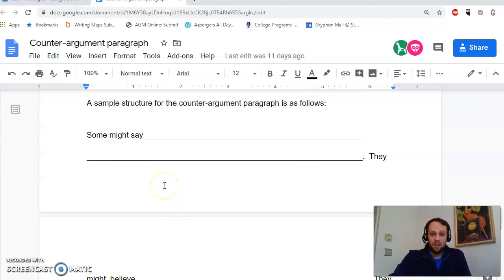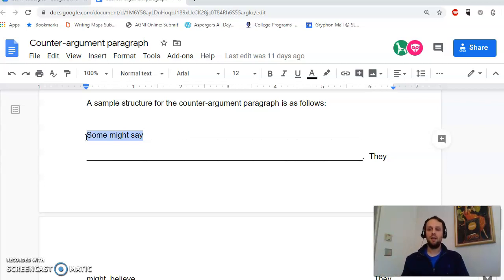What this next part is, is a structure for a counter-argument in general. Some might say that's just a good general starter because it shows that you're not talking about what you believe, you're talking about what those people over there might believe.